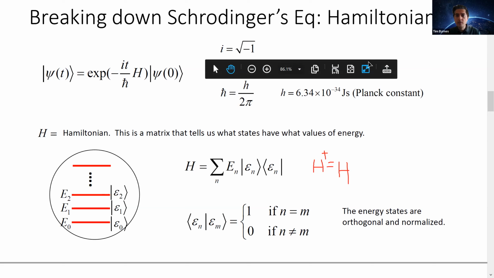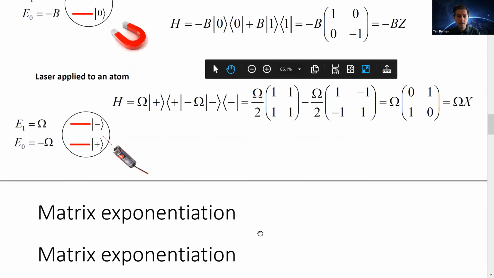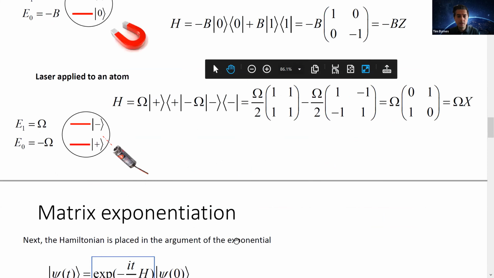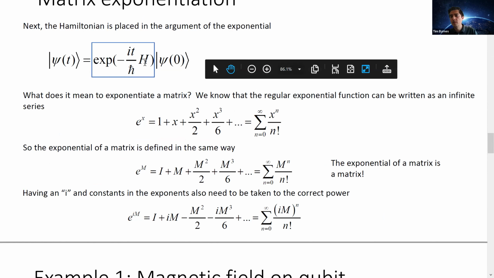Okay, so why did I just tell you that? Well, in this series, this H here is real. When you diagonalize it, there are no imaginary numbers. So the only imaginary term in this whole exponent is from this i that's sitting there.